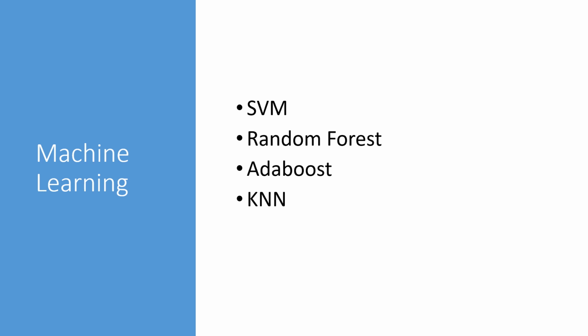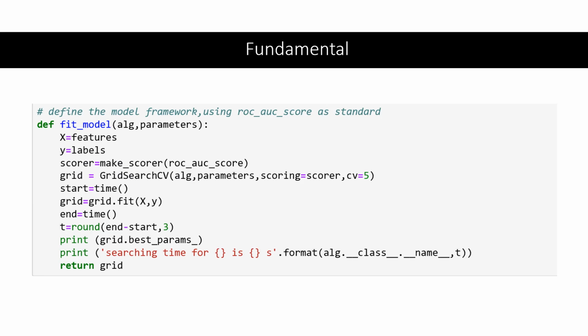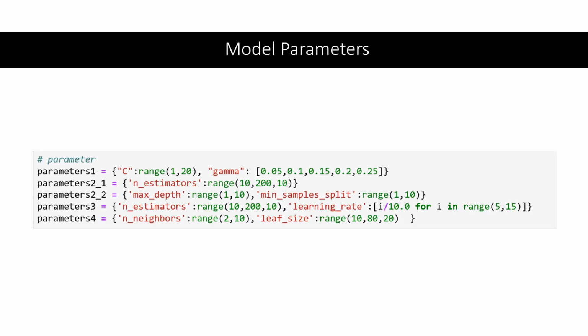In the machine learning part, we use SVM, random forest, AdaBoost, and KNN. For the pipeline part, we define the model framework and use the ROC score as the standard. And we define the model parameters. I tried different parameters. This is something I got, but I don't think this is optimized.